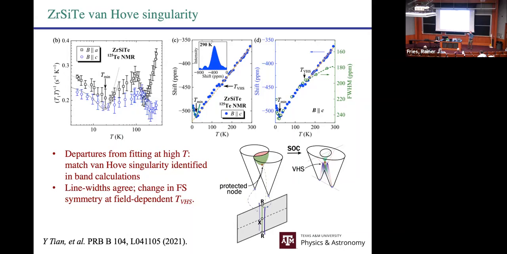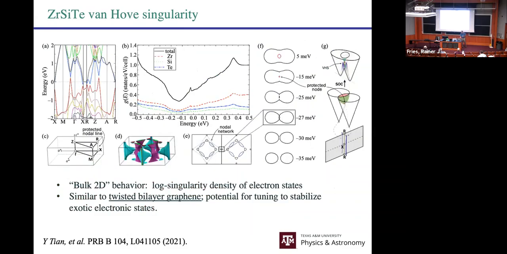And so when you do that, that actually causes a singularity. In 2 dimensions, that singularity is a log singularity. So this is a 3-dimensional material, but it behaves like a 2-dimensional material in the sense that there's a large modification of the density of states. Here's the picture, and this was published this year.